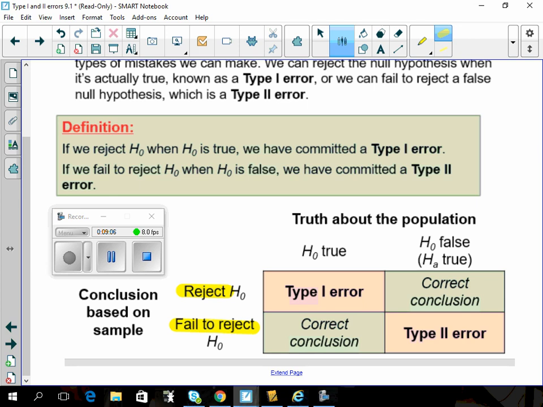I can reject the null because our statistics show a very small p-value, the likelihood that our sample happened by chance. That would be a correct conclusion, called the power of the test. Add that to your little table. It's not listed there.